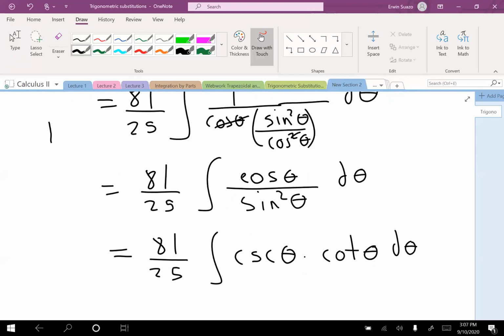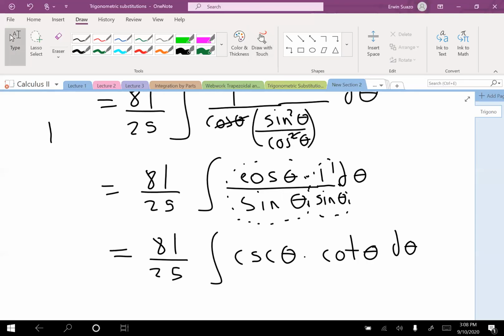Because you have cosine and two sines, so you can write this as cosine over sine times 1 over sine. This one is cotangent and this one is cosecant.